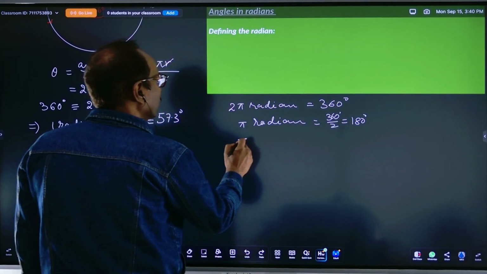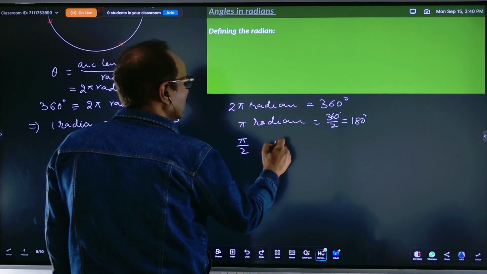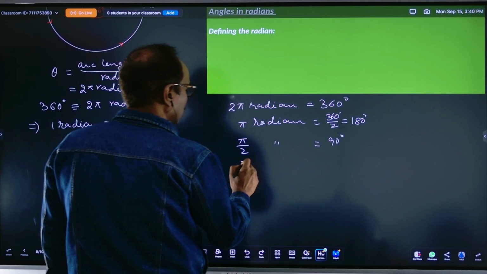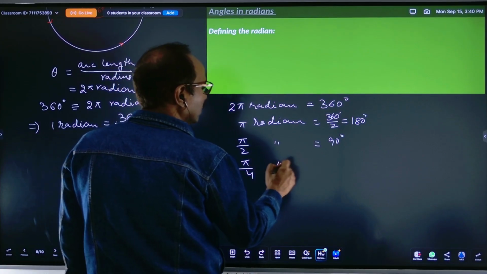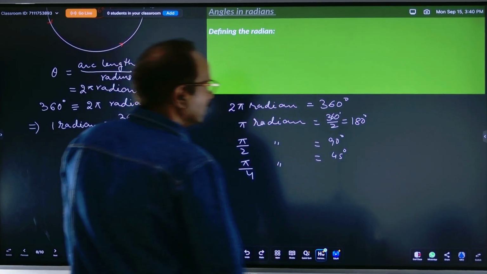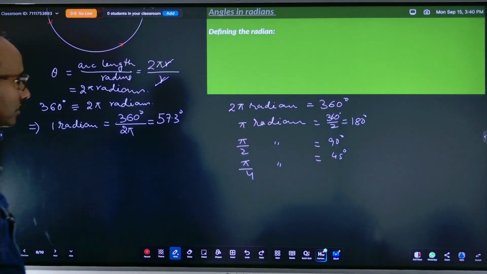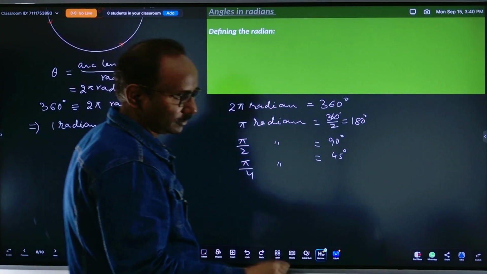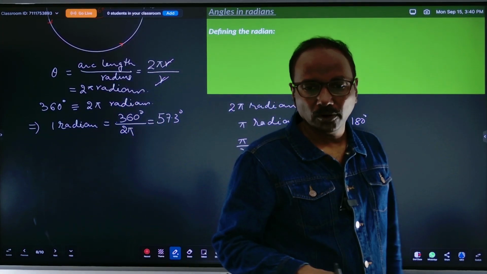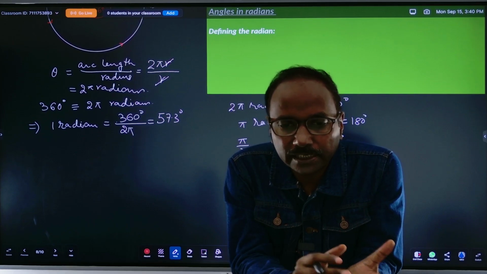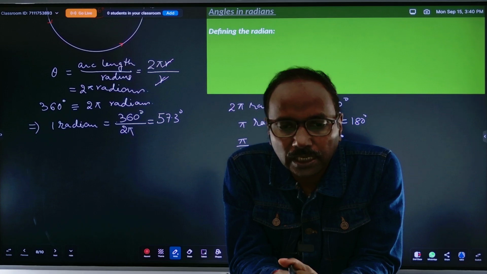And in the same way, pi by 2 radian will be 90 degree, pi by 4 radian will be 45 degree, and so on.